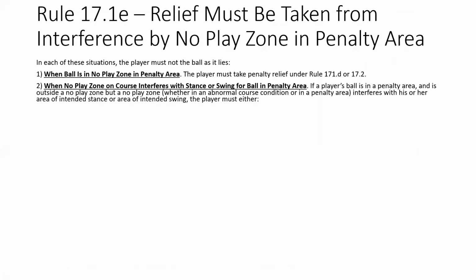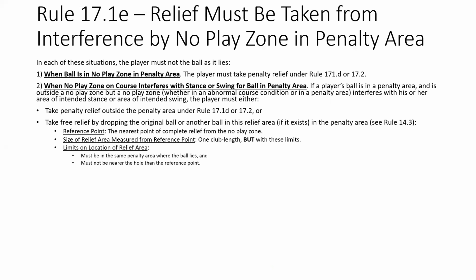Now, if the player's ball is in the penalty area and is outside a no play zone, but a no play zone, whether it's part of an abnormal course condition or in a different penalty area, interferes with his or her area of intended stance or area of swing, the player must either take relief outside the penalty area, or they can take free relief by dropping the original ball or another ball in the relief area, if it exists, and that has to be in the penalty area.